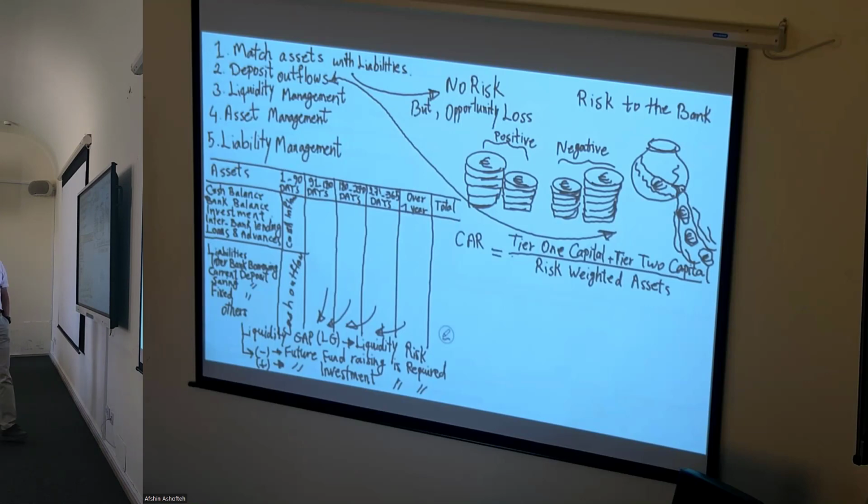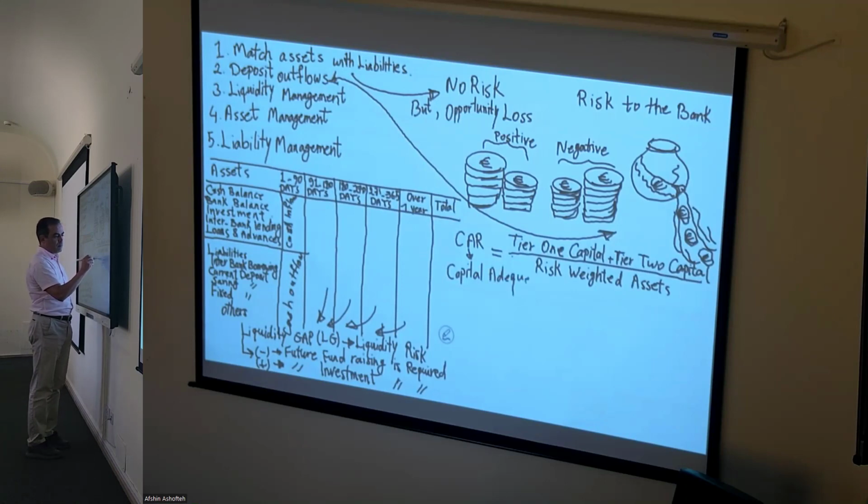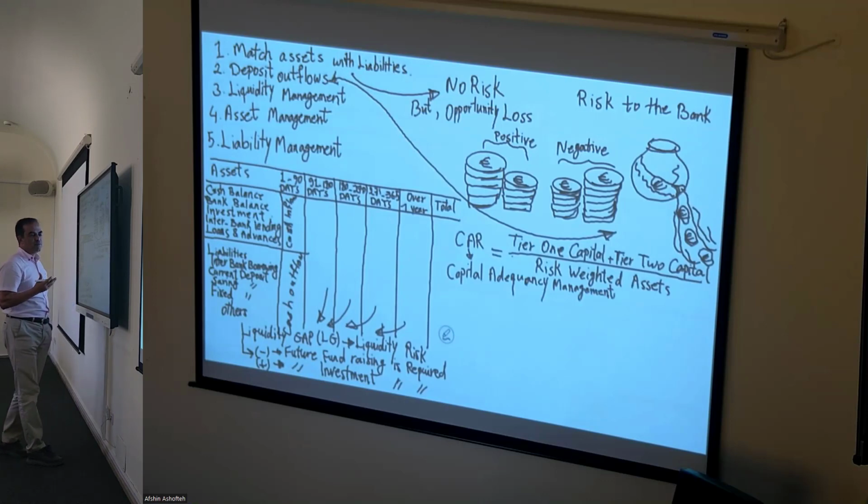And finally, capital adequacy management is important. Capital adequacy management is the amount of capital the bank should maintain and then acquire the needed capital at the time that we need the liquidity or we have to deal with the kind of risk that arises.